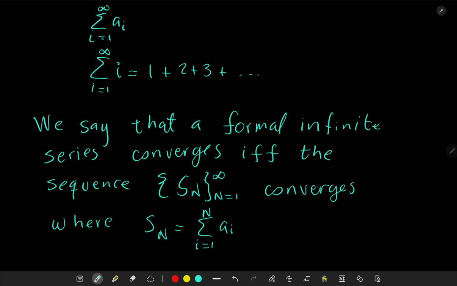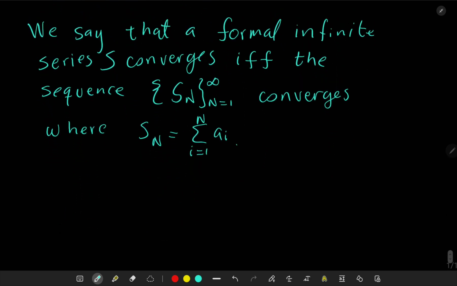And by the way, the infinite series, I should have called this one S, that's the one I was referring to. So the infinite series S, this one right here, converges if the sequence of the partial sums converges. So what does that mean? What does it look like?